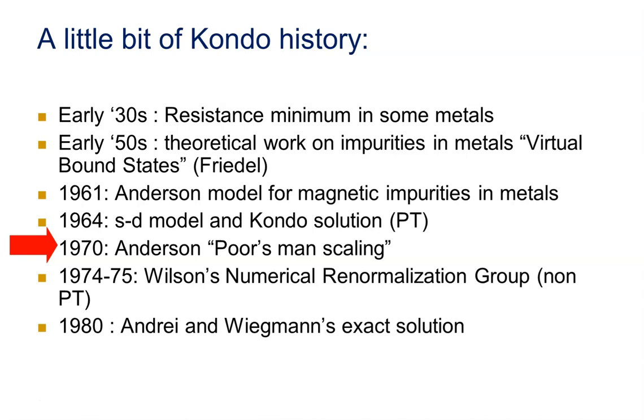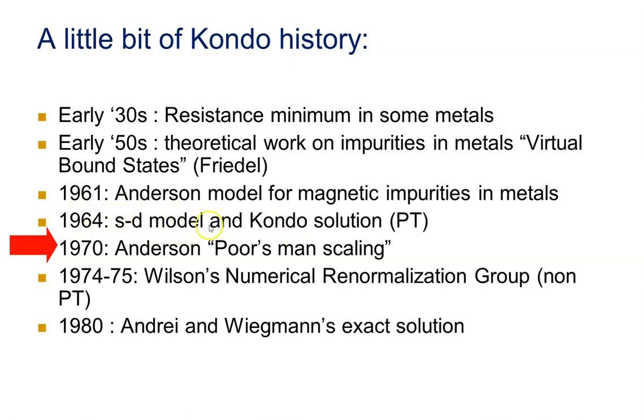Now, in the 60s, there were a lot of advances, both on the experimental side and in the theory. So in 61, there was the Anderson model for magnetic impurities in metals. That's when Phil Anderson developed his model. And then in 64, the s-d model appeared.